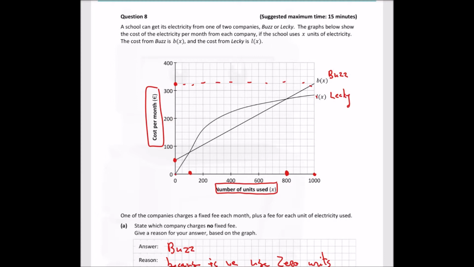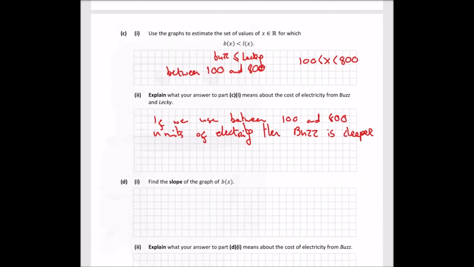Okay, so our 2 points. This one here is 0, 50, and this one here then is 1000, 325. Okay, so we write those down. 0, 50, 1000, 325.